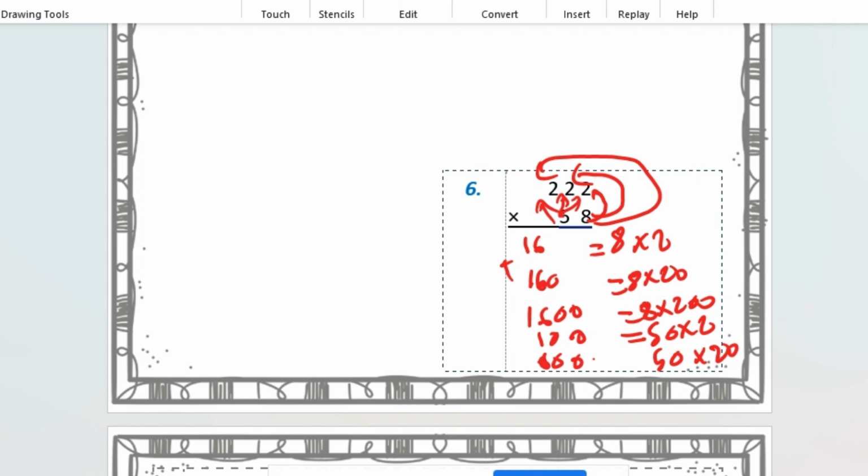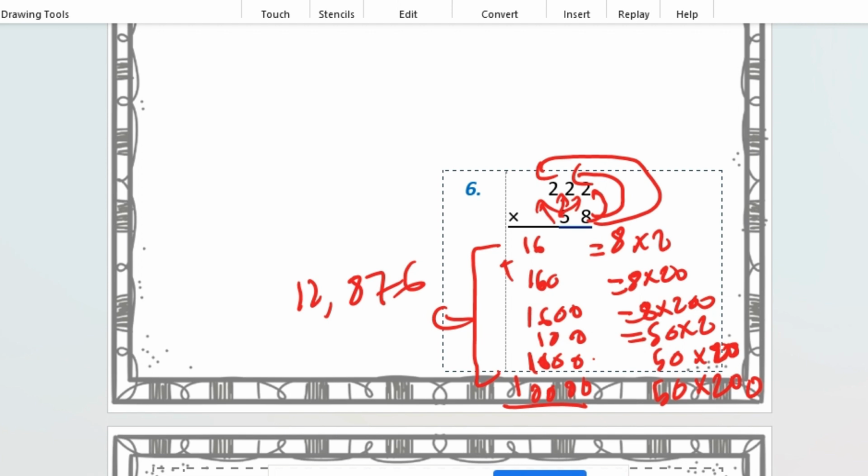Now 50 times 200 is 10,000. When we add all these things together, we will have an answer of 12,876.